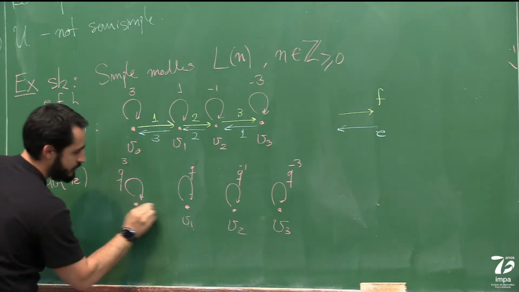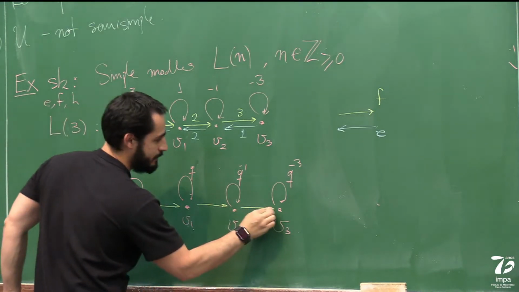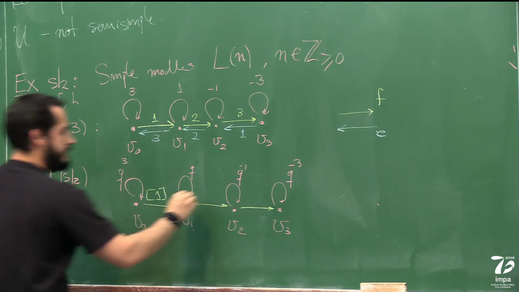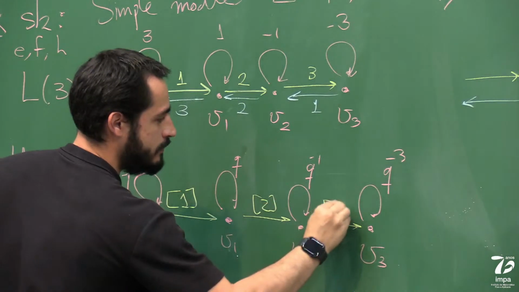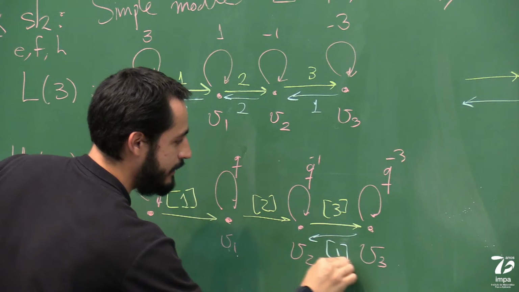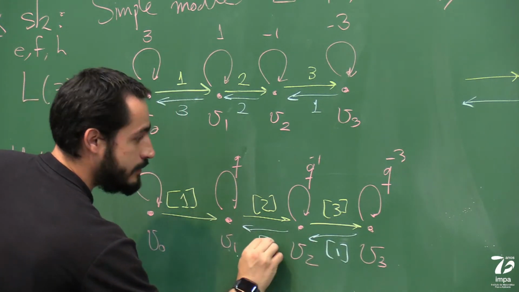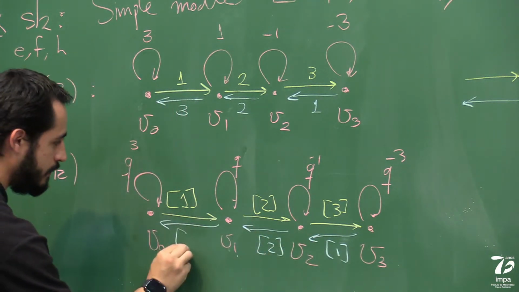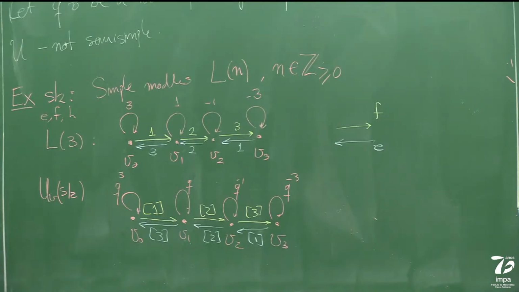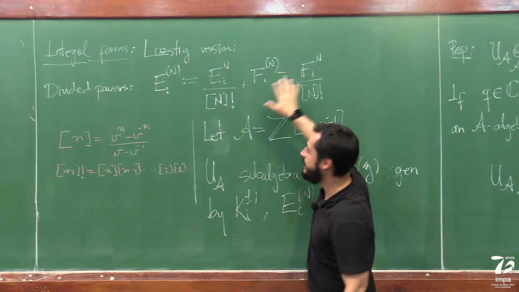I also have the action of the F's, now the capital F, but with the quantum numbers 1, 2, and 3. And also the action of the E's, which is 1 here, 2 here, and 3 here. In this case, if Q is generic, or satisfies any of these conditions, a complex number which is not a root of unity or different from plus minus 1, you can play in this algebra with these generators and nothing happens.